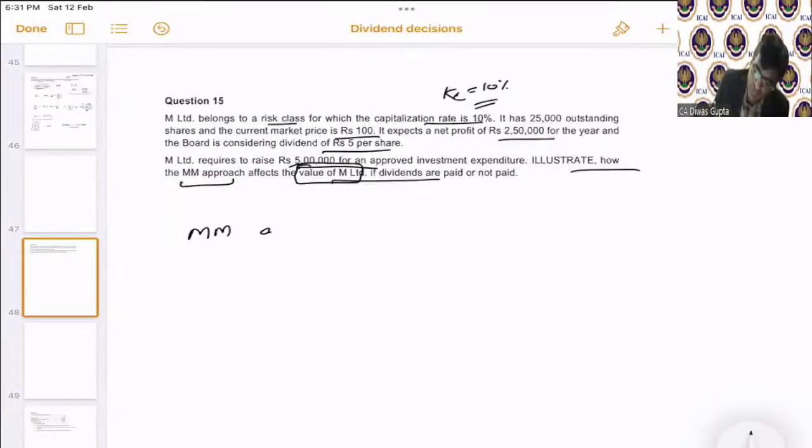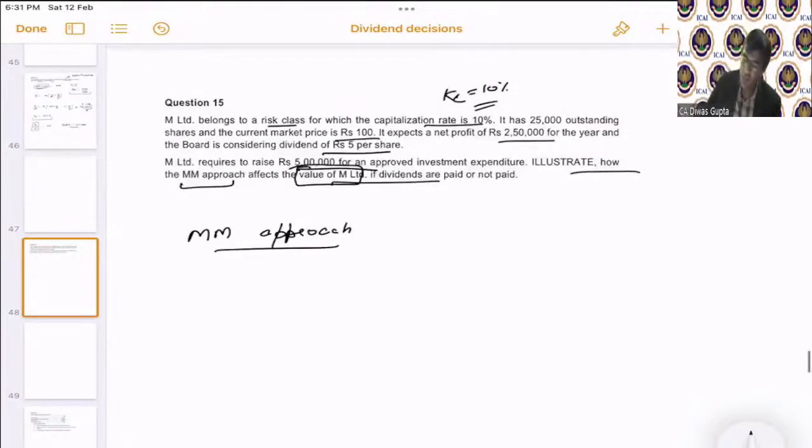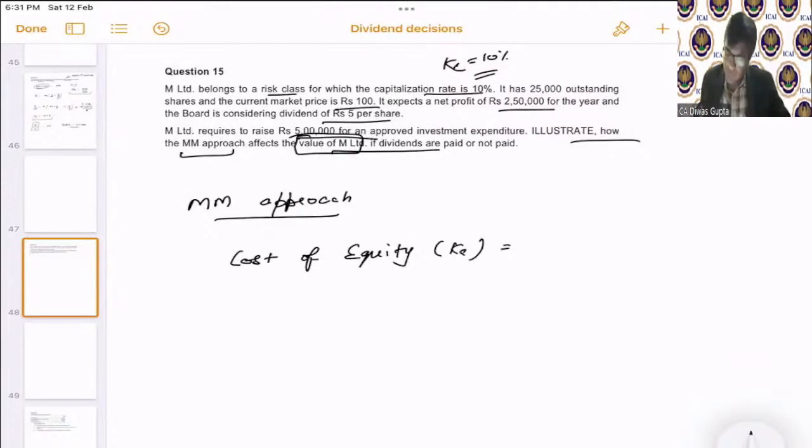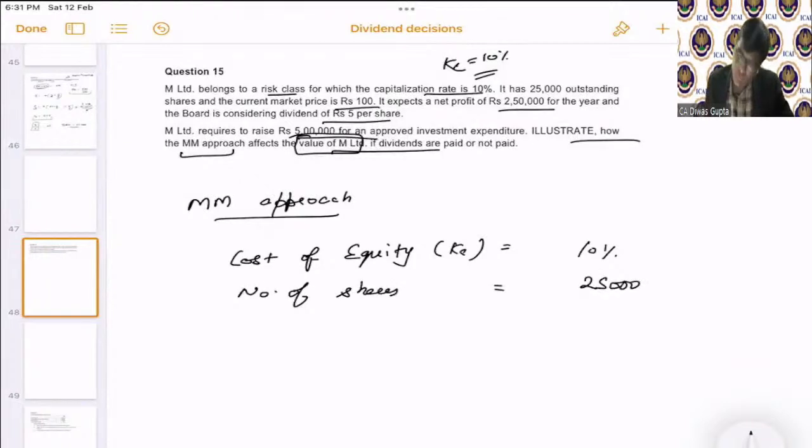So this is a question on the MM approach. Simple. Let's just try to put all the information that they have given. First of all, cost of equity, KE is how much? 10%. Number of shares, 25,000. Current market price. So students, it is P0, right?